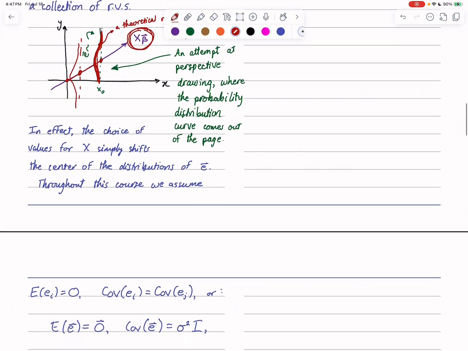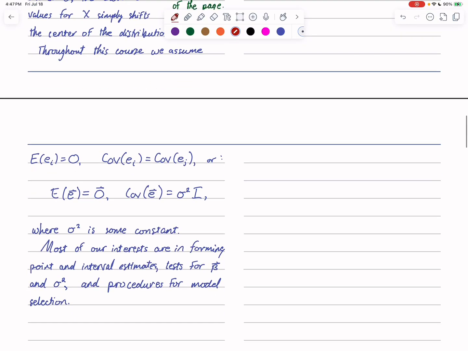Now, that is the general case where we really don't know anything about the random variables inside of the vector E, but there are some very common assumptions, if not the whole time, then nearly the whole time we are in this course. We will assume the following properties of the random variables in the vector E. We will assume that every one of those random variables has mean equal to 0.